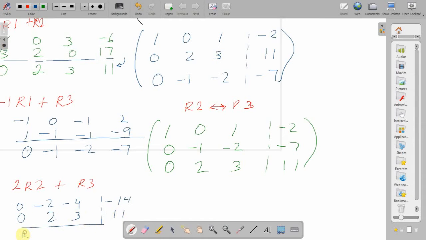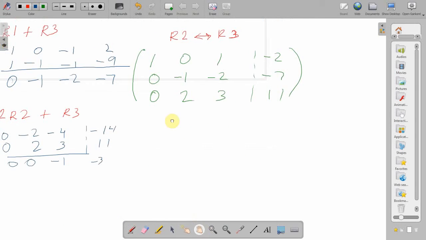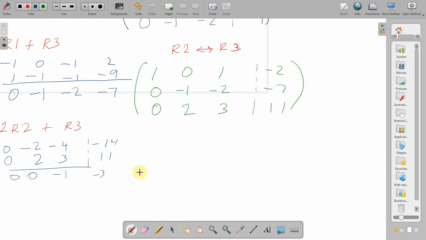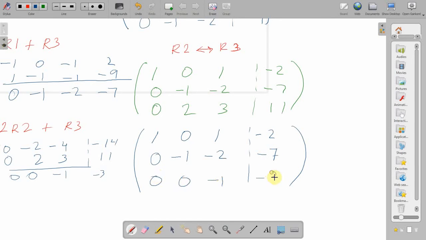So now we have a 0 here, a 0 here, a minus 1 here, and a minus 3 right here. So now our new matrix says that the first one stays the same, and then the second one stays the same, but the third one is now 0, 0, minus 1, minus 3.